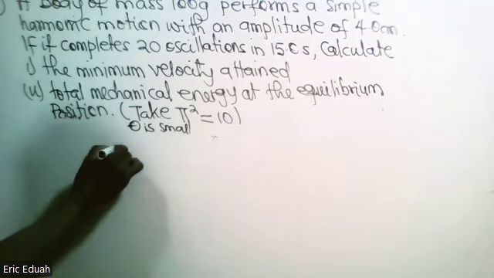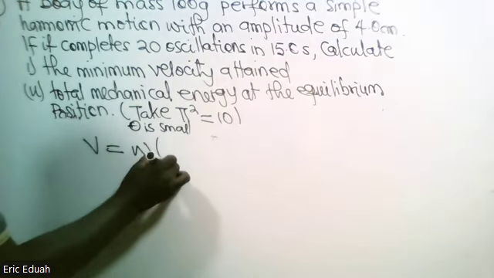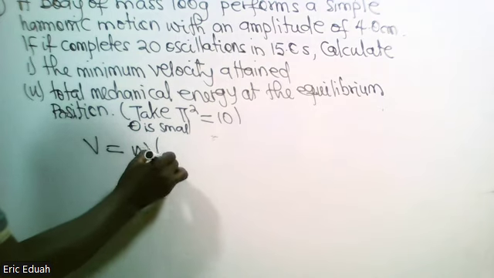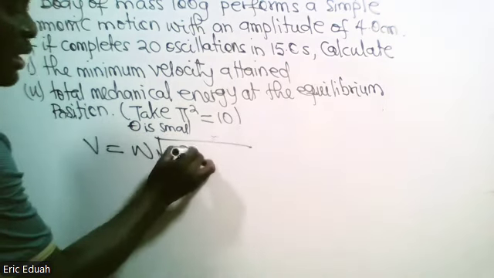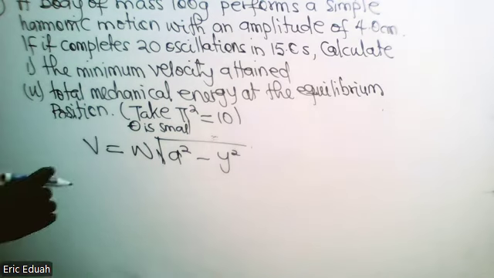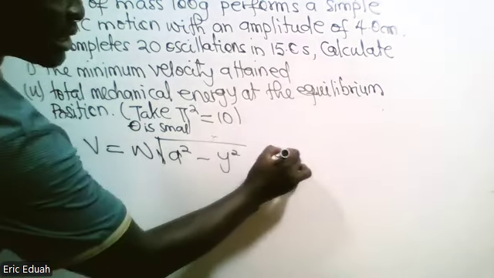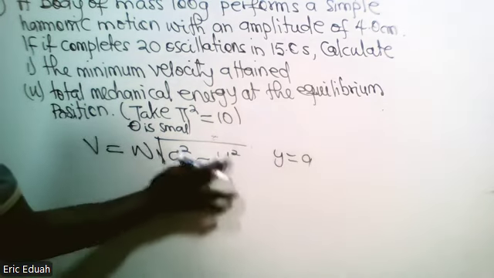So when you use V is equal to omega times square root of a squared minus y squared, minimum velocity occurs when y is equal to a. So if y is equal to a, then this will be a.